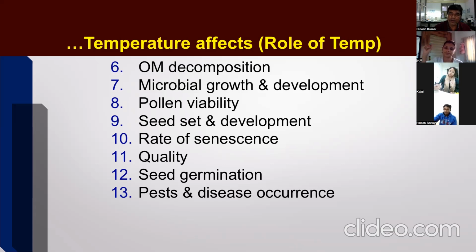So is the case in storage. In storage also, you must be knowing that higher humidity and higher temperature deteriorate the grain quality. They damage the grain more. So pest and disease can also affect the quality of the product, not just quantity.